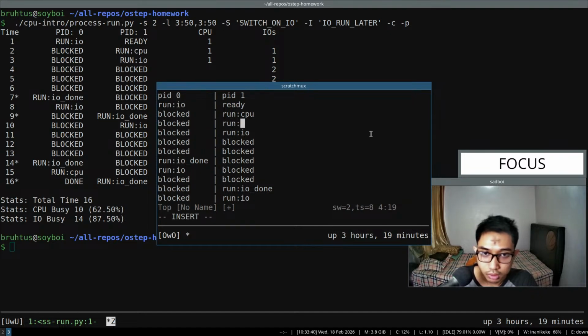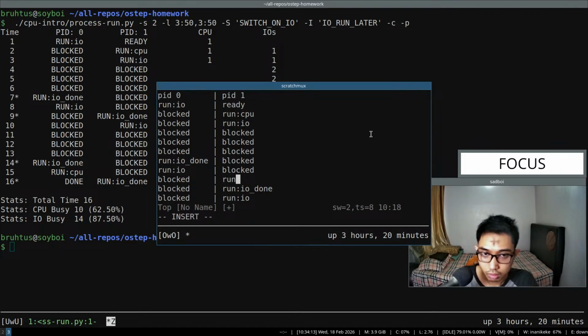Okay, maybe this should be something like this, and then we start block in here, right? 1, 2, 3, 4, 5. Moving to this again. 1, 2, 3, 4, 5.